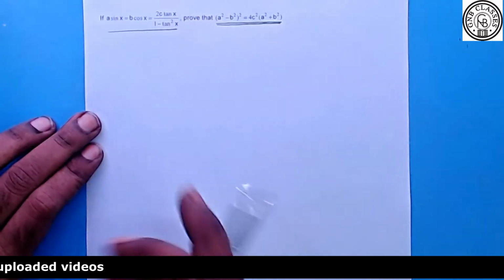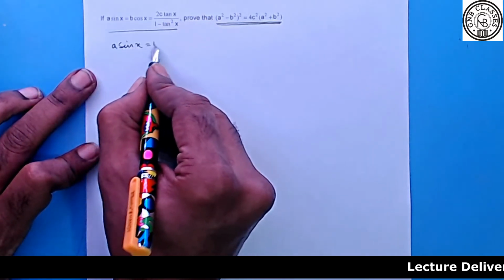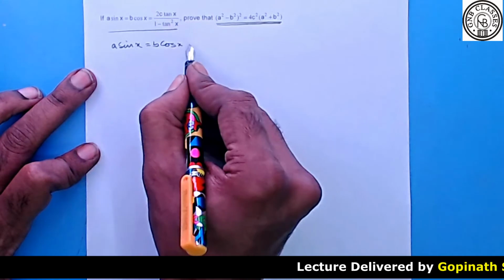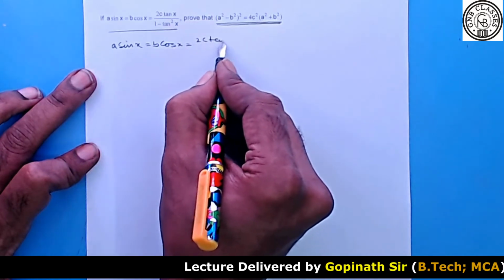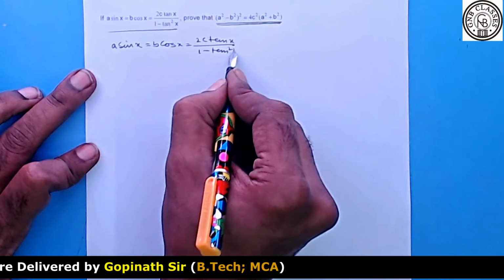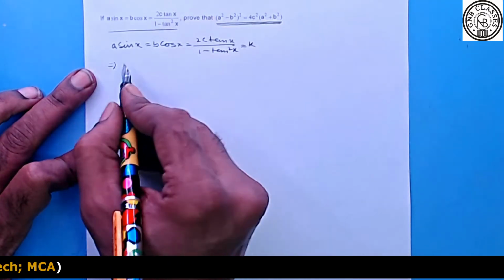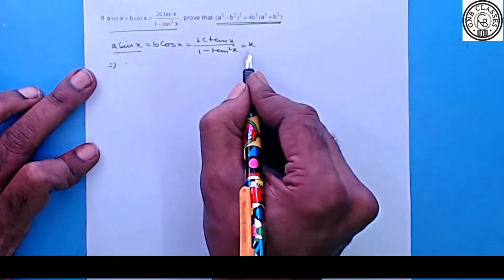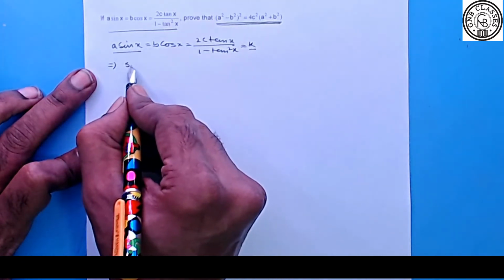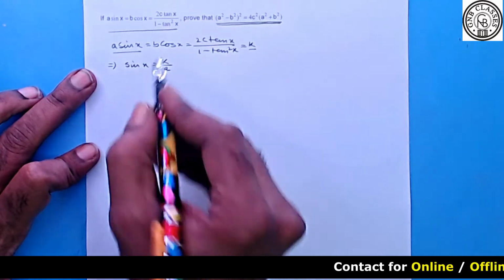Okay. So let us say this whole thing is equal to k. So from here we can say that a sin x equals k, so sin x is nothing but k by a.